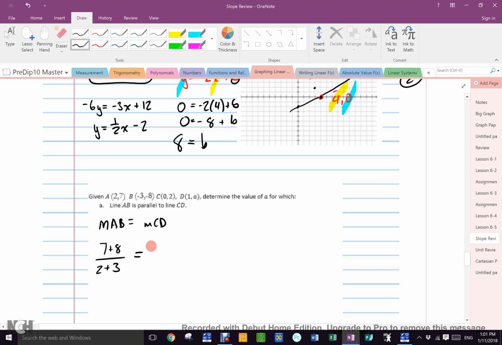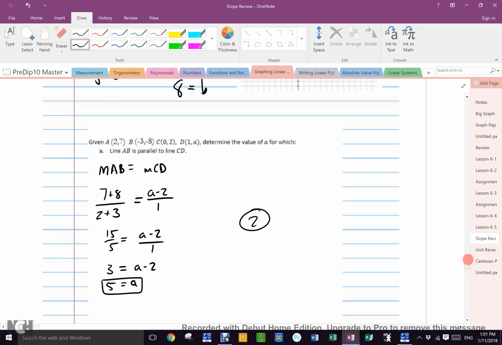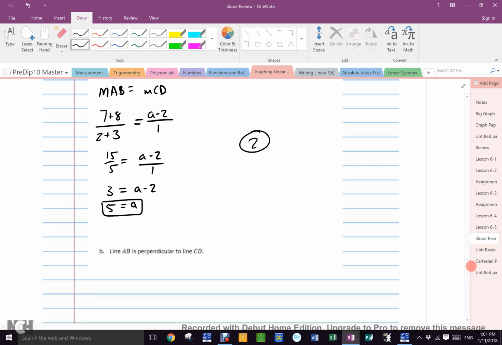The slope of CD is A minus 2 over 1 minus 0, which is A minus 2 over 1. 15 over 5 equals A minus 2 over 1. 15 over 5 is 3, equals A minus 2. A equals 5. 2 marks. Everybody cool?